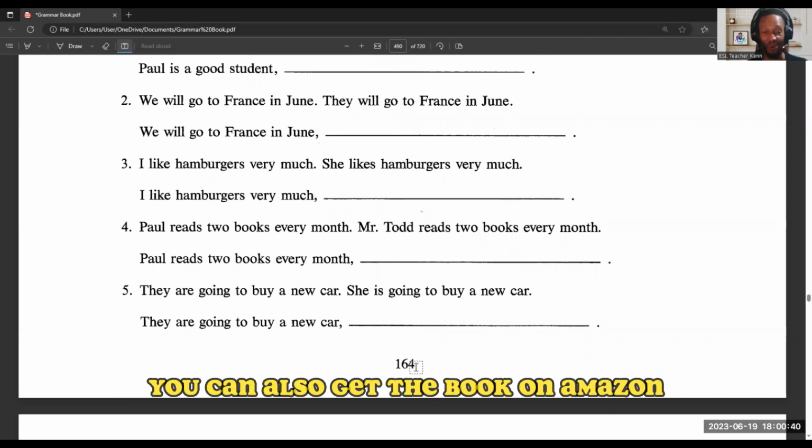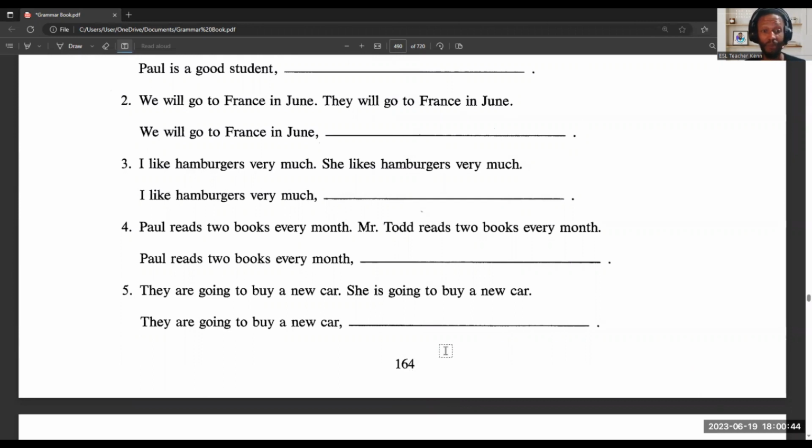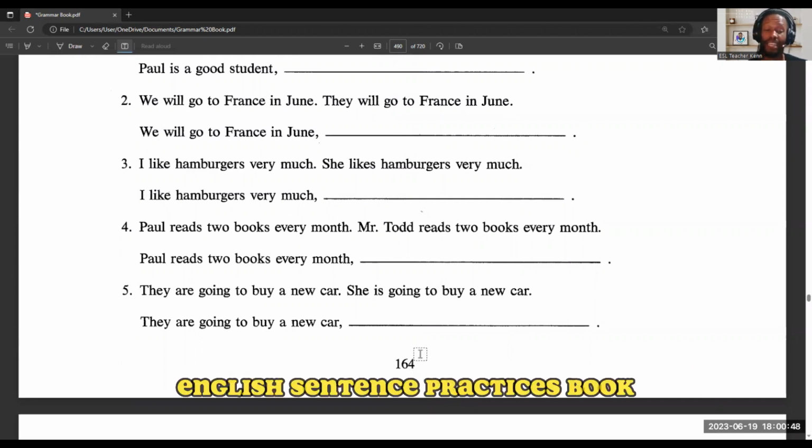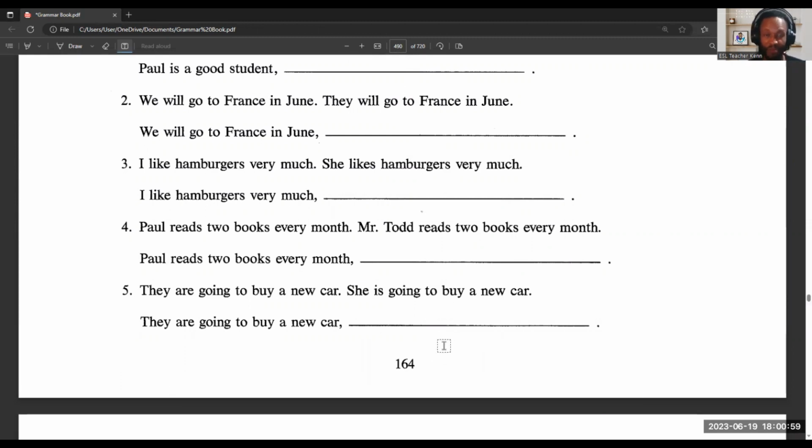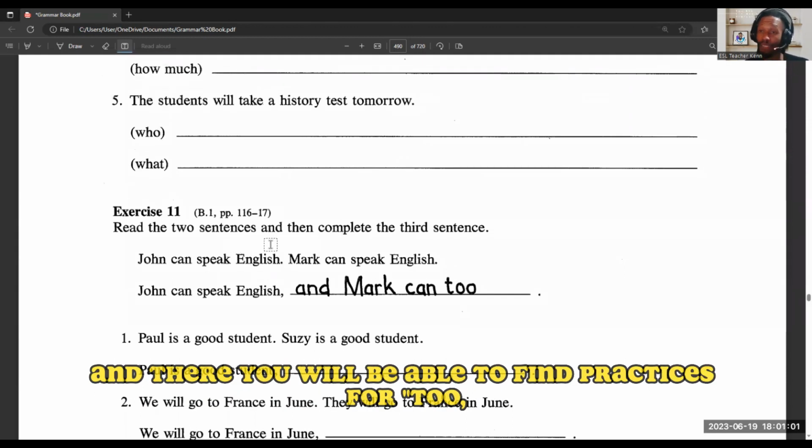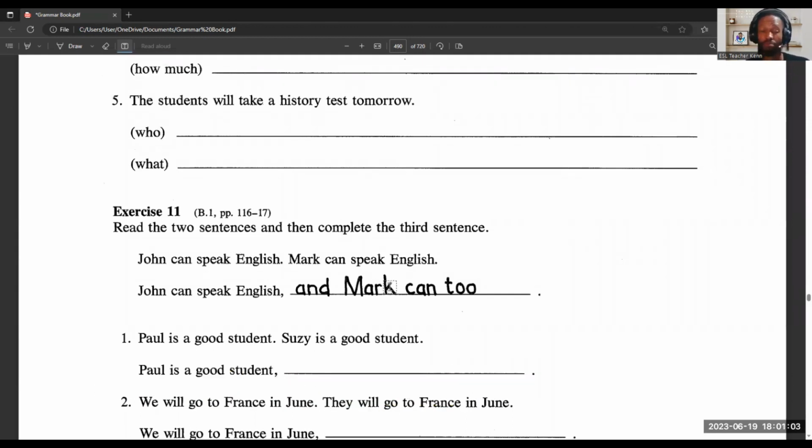And yes, you can also get the book on Amazon. Page 164 of the physical English Sentence Practices book is page 490 on the online resource available on my podcast. There you will be able to find practices for too, either, and but.